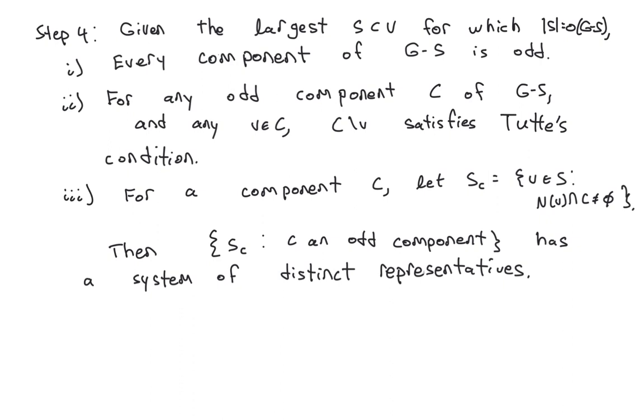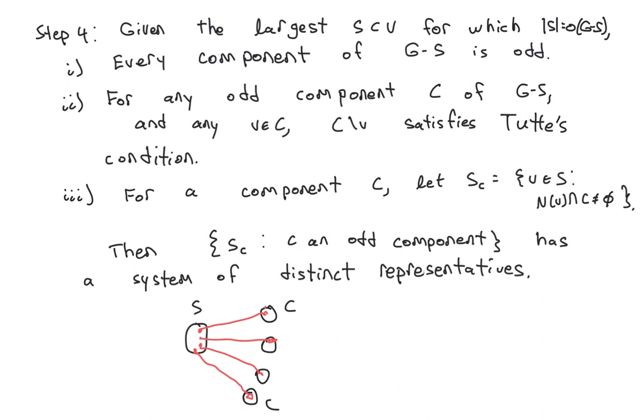Because the idea is that we have our set S, and then we have our components, and the point is every component has to be odd. Since there's a system of distinct representatives, this means that for every vertex in S, we're going to associate it to a specific vertex in a specific odd component, which guarantees that every vertex in S is matched.